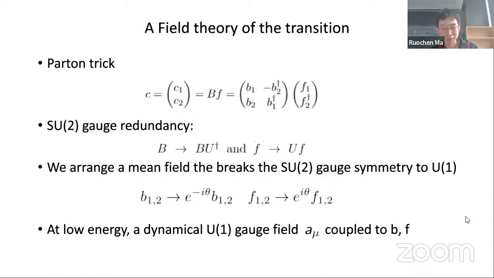Okay, let me enter the formalism. I want to first present a field theory of the phase transition. If you want to write down a field theory, the crucial first step is always to identify the appropriate degrees of freedom. Here the principle is, first, that we can easily access both phases of the transition using the field theory, namely the quantum spin Hall insulator and the superconductor.